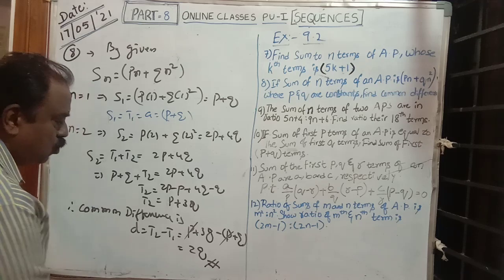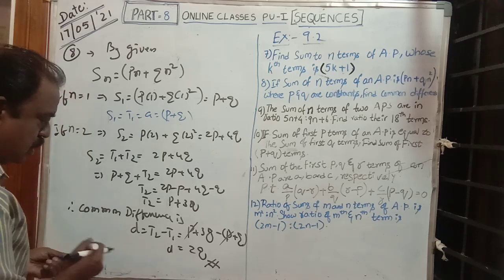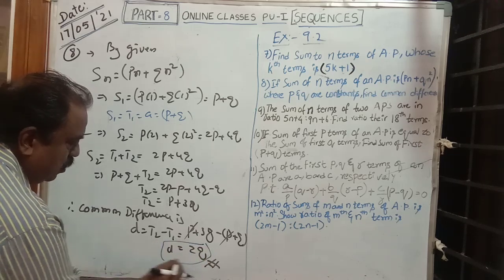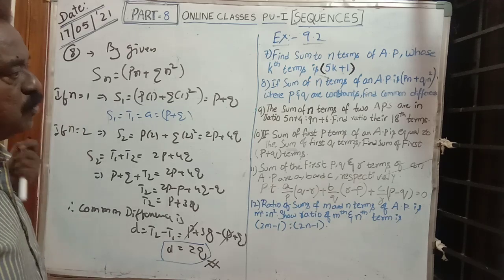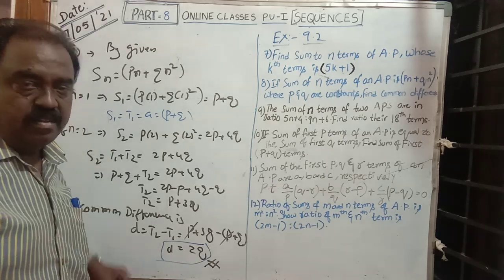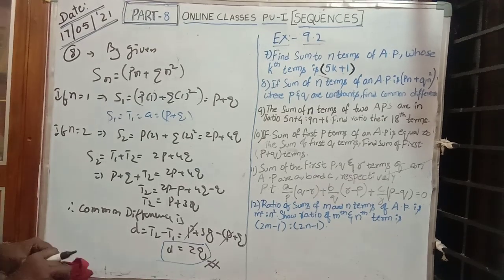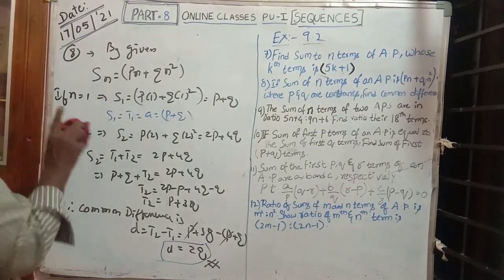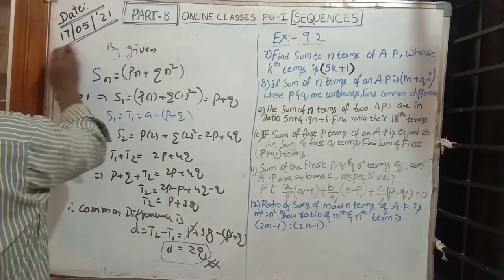So the common difference is 2Q. That is the answer. Very clearly it is given. Is it clear? I hope that it is clear.